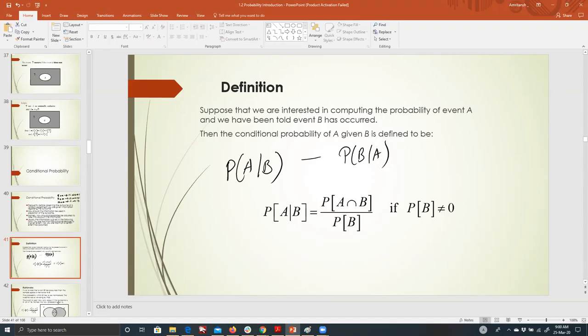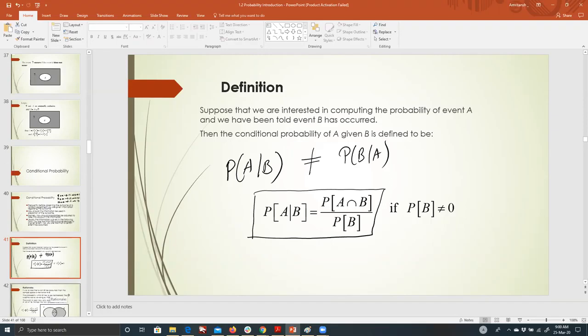Based on the scenario, they might not always be equal. So the equation is very simple. Probability of A given B is nothing but probability of A intersection B divided by probability of B.